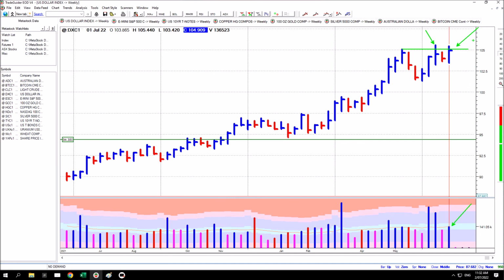I'm expecting, with favourable trading conditions, price to challenge this level at 105 and attempt to move higher. That'll put pressure on the associated commodity markets priced in US dollars and currency markets where the US dollar is the counterparty.